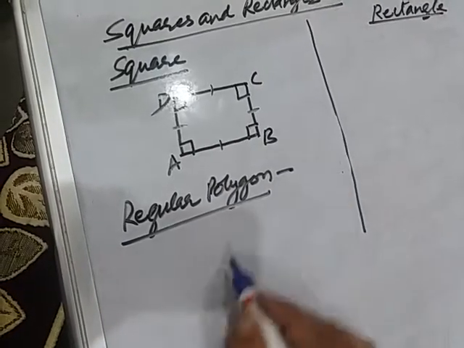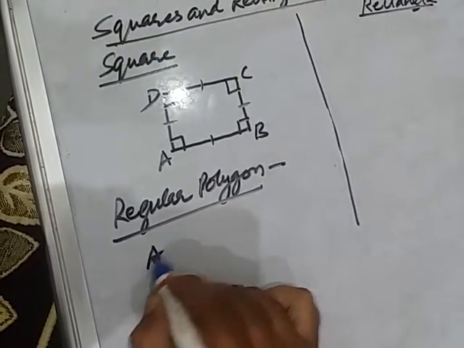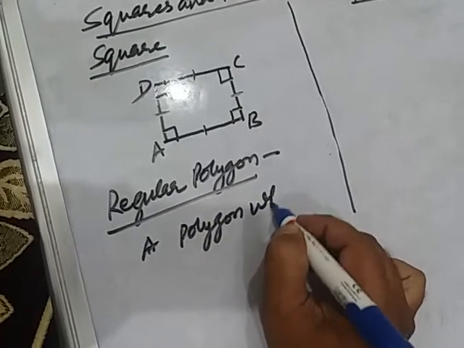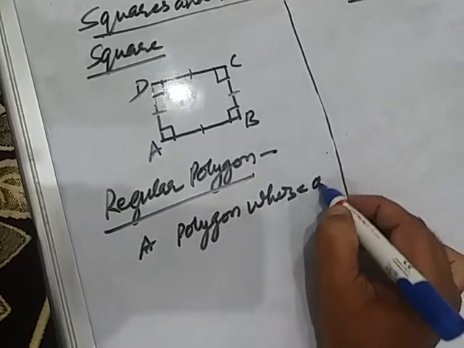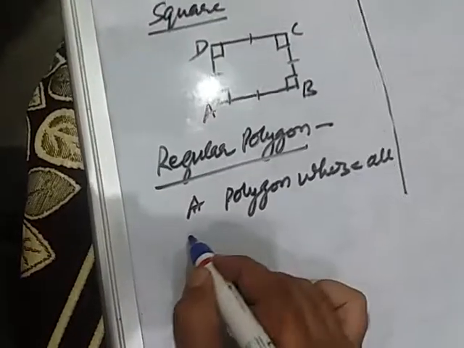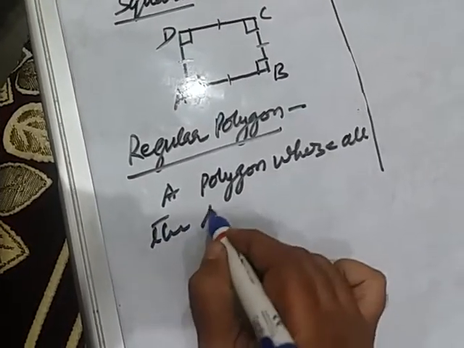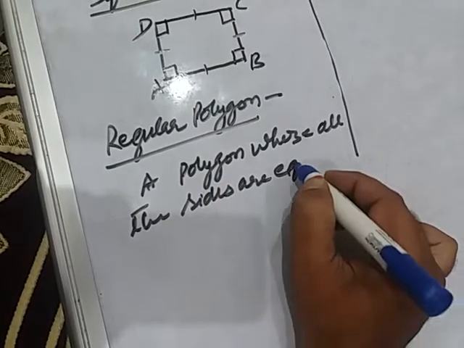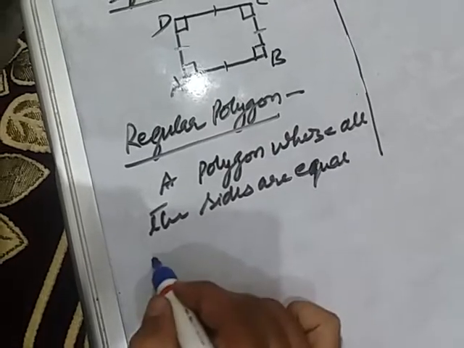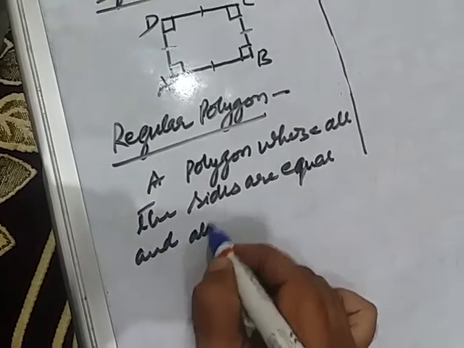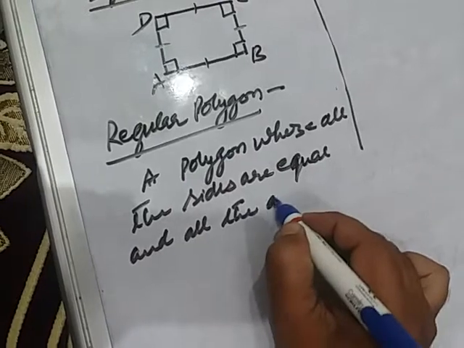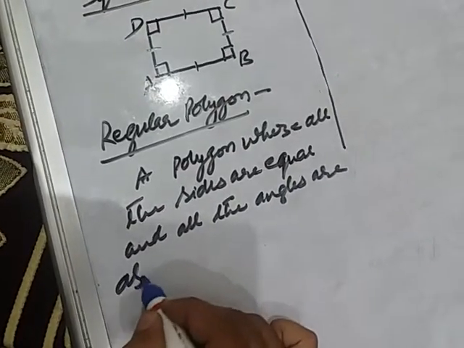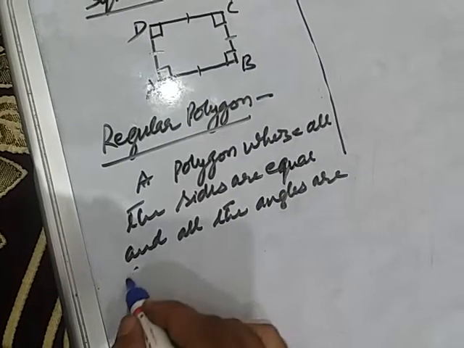What is a regular polygon? A polygon whose all the sides are equal and all the angles are also equal.